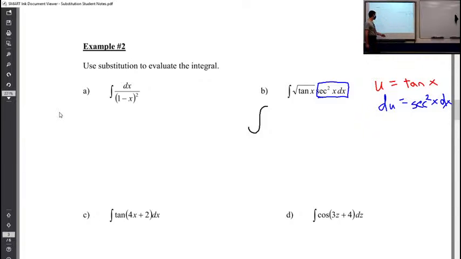And so here come my substitutions. I still have a square root. But instead of square root of tangent of x, instead of thinking about a trig function inside of a square root, I can just replace tangent of x with u. And then, even better, instead of having to factor in this secant squared of x dx, all of that matches completely with du. And so I can just put du. And now, that's a much, much easier antiderivative to take.